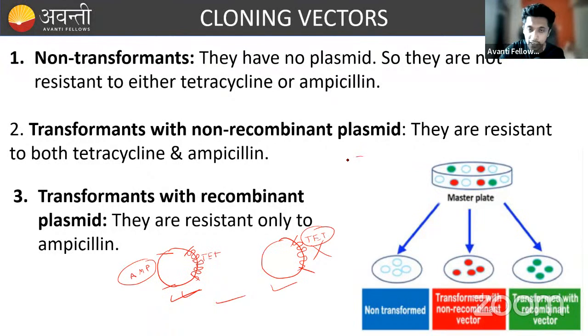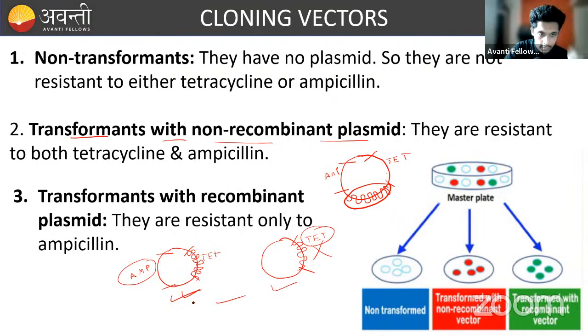See, here is your vector and here is your tetracycline, here is your ampicillin. Now the gene of interest has been inserted here. That means it can resist both tetracycline as well as ampicillin, as well as it has the characteristic of a foreign gene. Understood? So these are called transformants with non-recombinant plasmid.